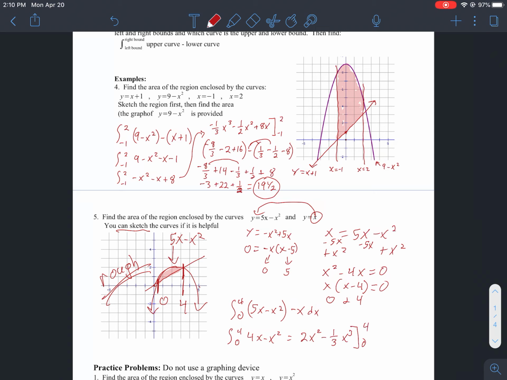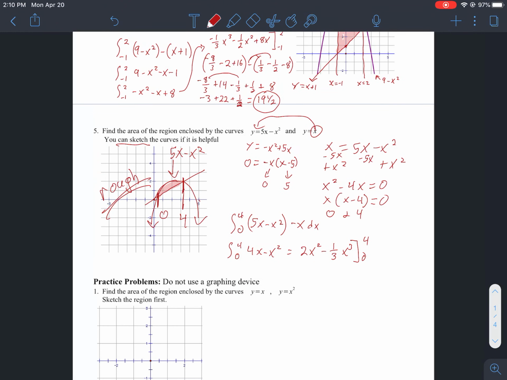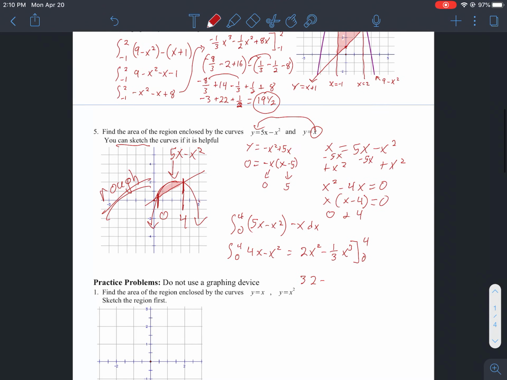Now I'm going to happily plug in 4 and 0. So 4 squared is 16, times 2 is 32, minus 4 cubed, 4 times 4 is 16, 16 times 4 is 64, times 1 is 64 thirds. Then double check that when you plug in 0, you get 0, and you do.